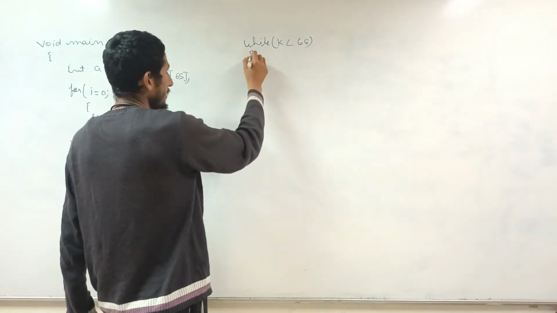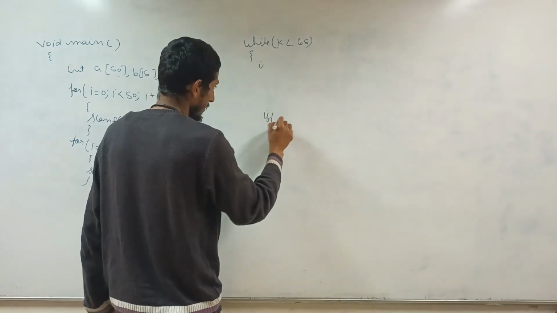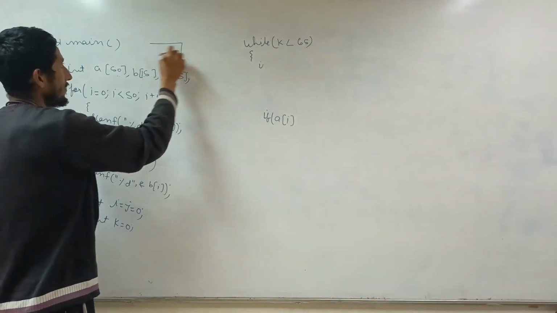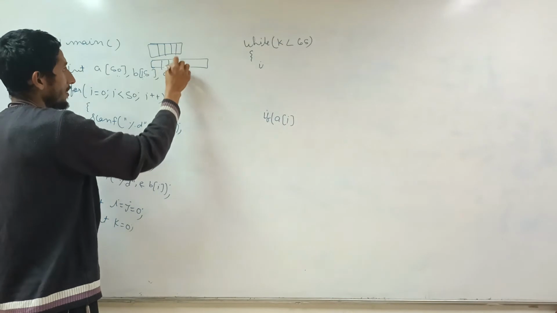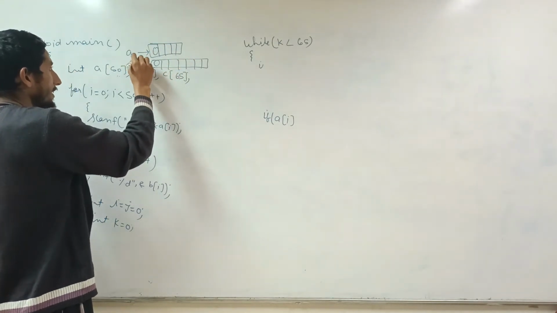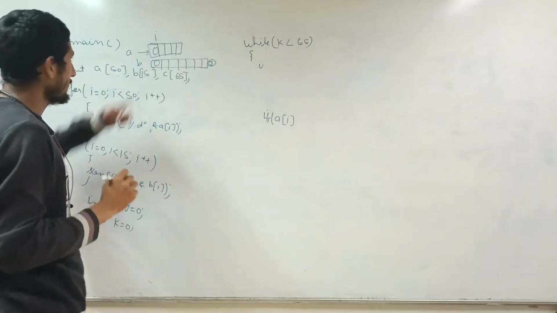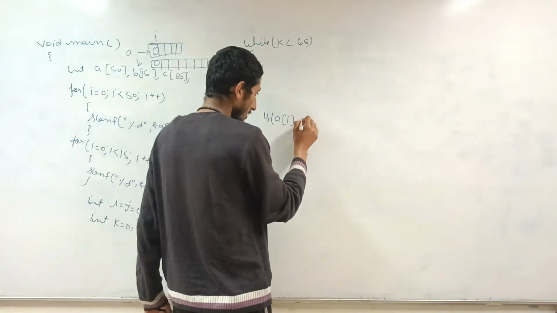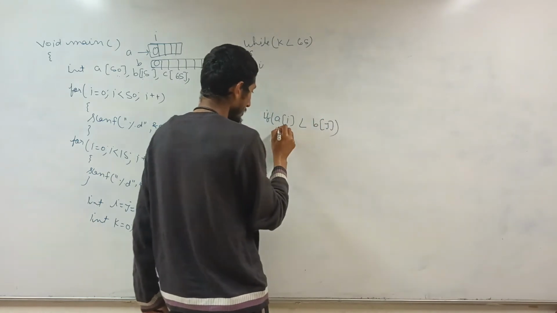Then let me compare here. Let's say I have two arrays, first array and second array, like this. I am going to compare this one with this one. That is A, that is B. The counter name is I and the counter name is J. If A of I is less than B of J, what is going to happen?